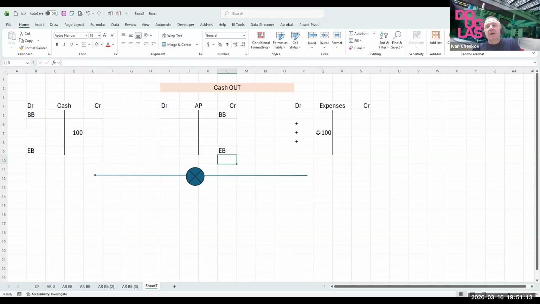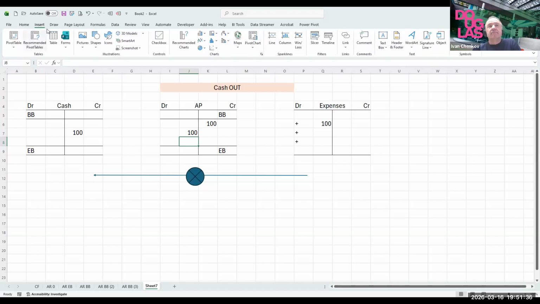So what's going to happen now? Our $100 is now going to travel. First, from the debit on the expenses, it's going to stop. The first stop will be accounts payable, 100. And then from accounts payable, it's going to be cleared with our cash.